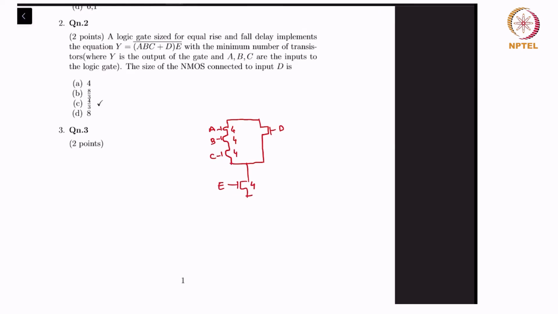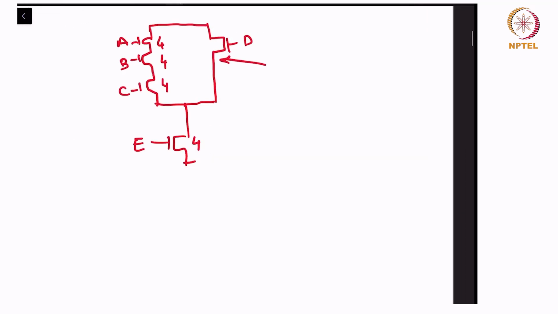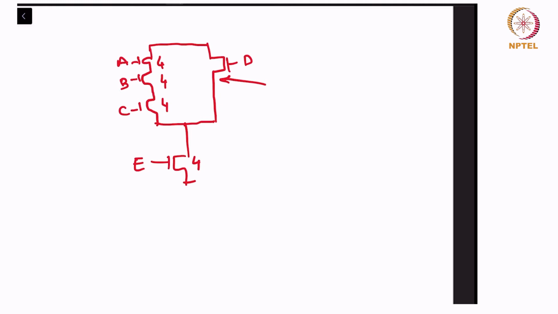right? So we just need to find out what the size of the NMOS is here. So what is the resistance? We want the resistance down this path to be R, right? We want resistance down our paths to be R. So if this is 4, how big can you make that transistor?